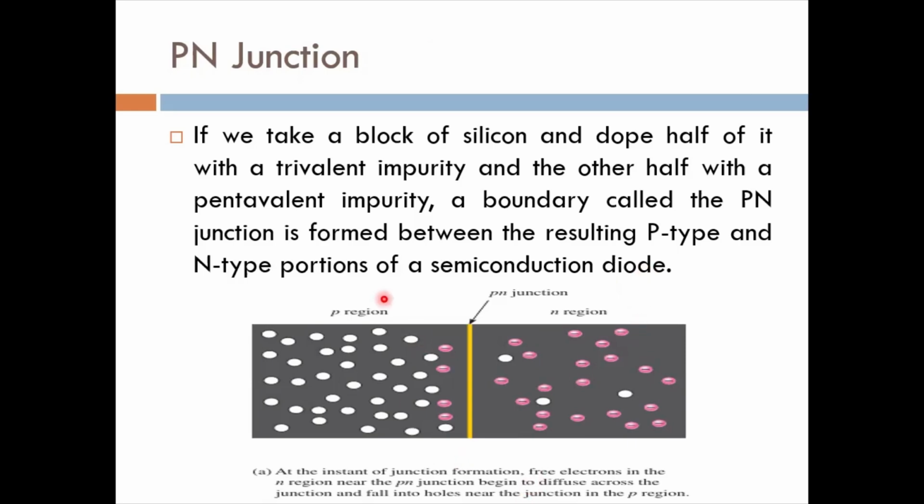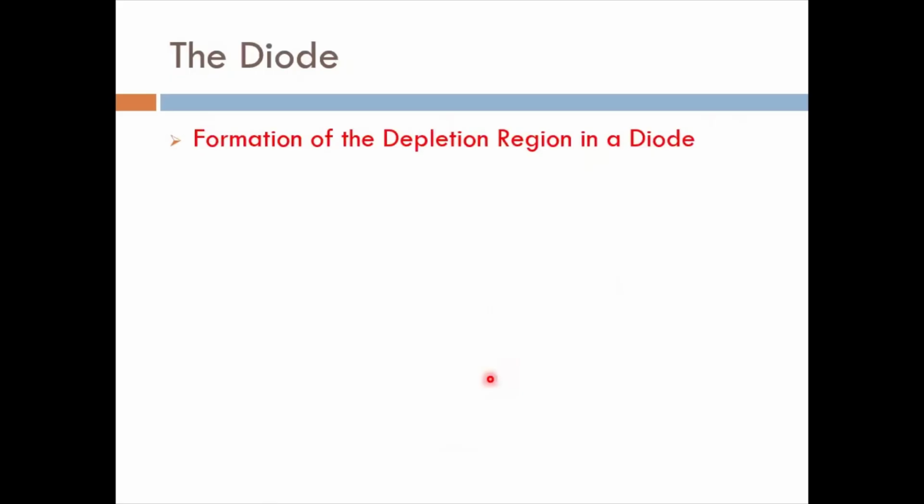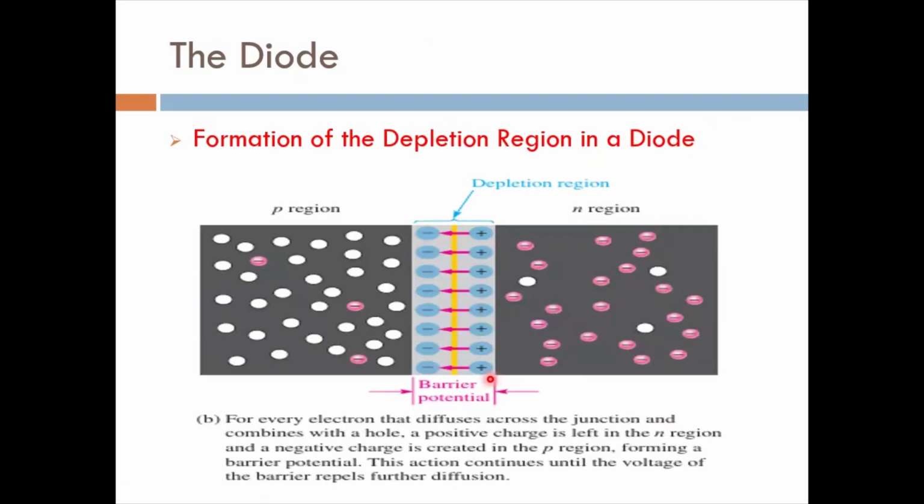So when this junction is formed, at that instant, free electrons in the N region near the PN junction begin to diffuse across the junction and fall into the holes near the junction in the P region, just like shown here. After this, there is a formation of the depletion region in the diode, because as electrons diffuse into the holes, a region, namely the depletion region, is formed at the junction.